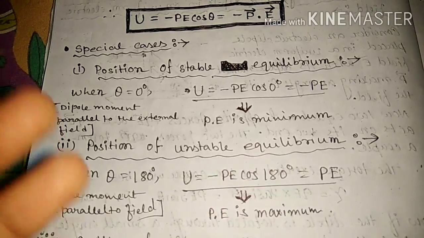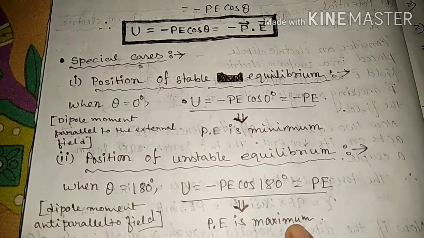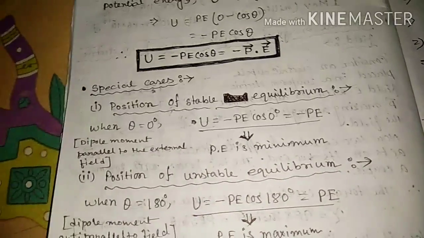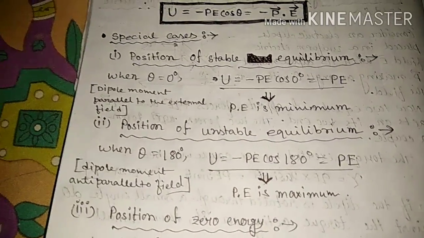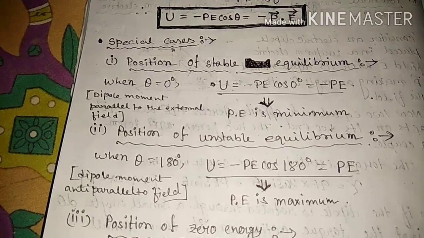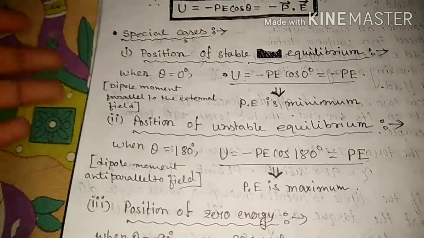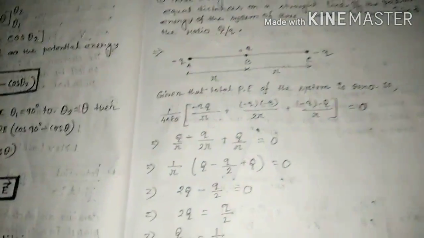Students write potential energy maximum and potential energy minimum the wrong way round, so marks are deducted. Please remember this. Stable equilibrium, minimum potential energy. Unstable equilibrium, maximum potential energy. Clear? Okay, now let's do some numericals.